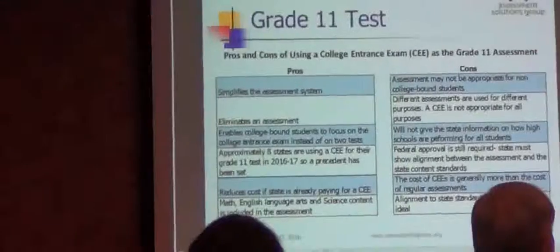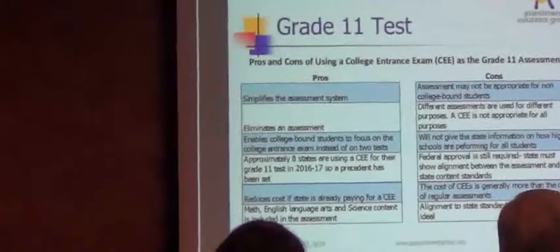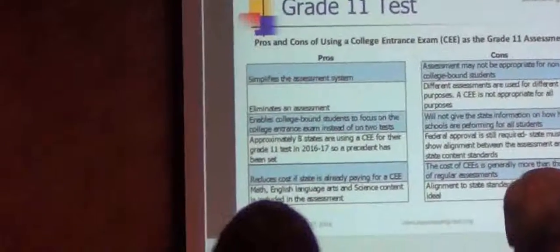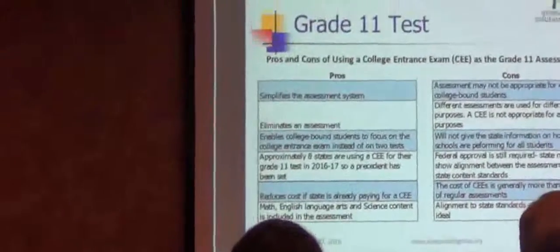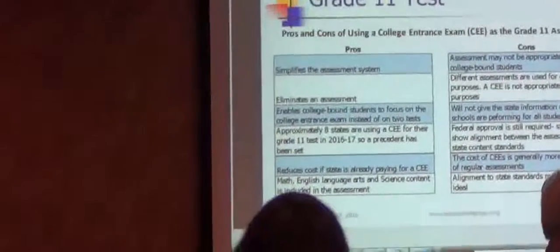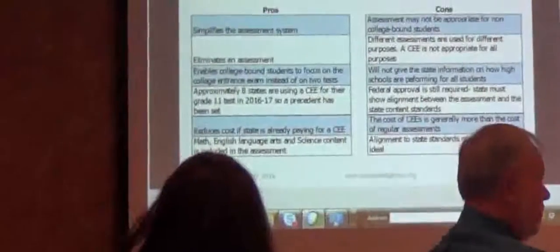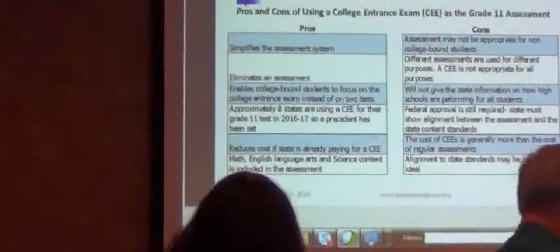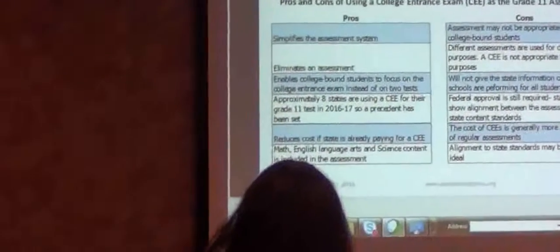The important thing is that, while you may be doing alignment studies to help you pick the vendor you want to use, for federal peer review you have to have an independent alignment study. That means contracting with an organization.